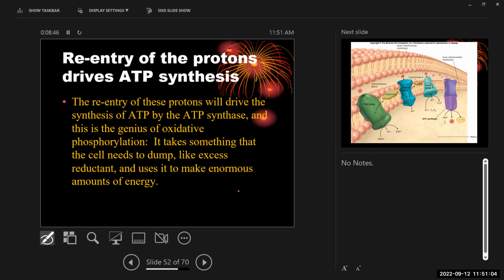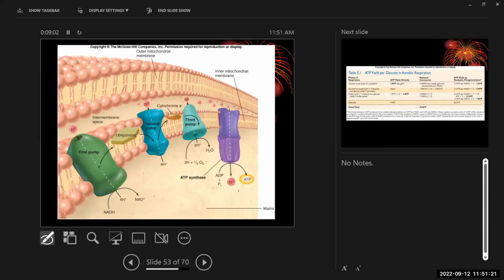So that's 25 plus 3, that's 28. You then make 4 more, that's 32. To make 32 ATP per glucose. That's impressive. That's a lot more than the 2 that you made for glycolysis, isn't it?